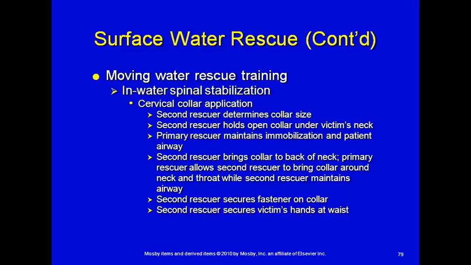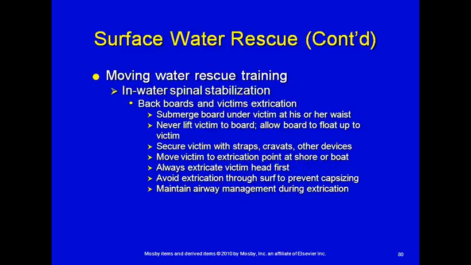Okay, cervical collar application. You've got the one rescuer, remember again, who's got the elbows pinned against the head. You've slid a board up underneath him. Or a second rescuer can size the collar, put the collar on the neck, and then put the victim's arms, or the patient's arms, back to where they were to stabilize the head with the collar on.